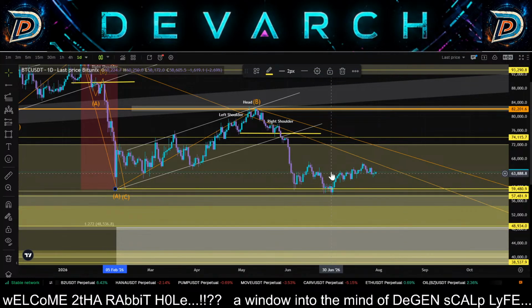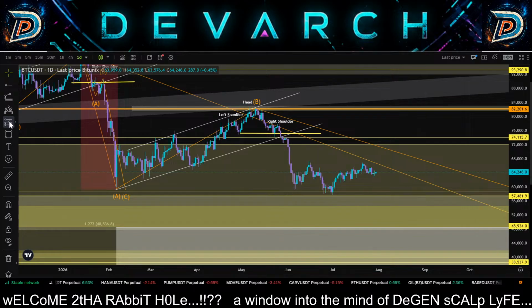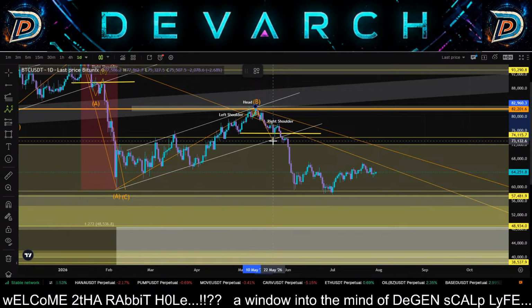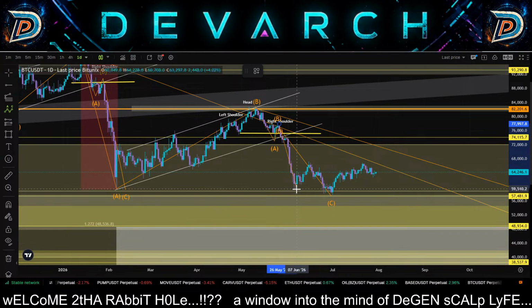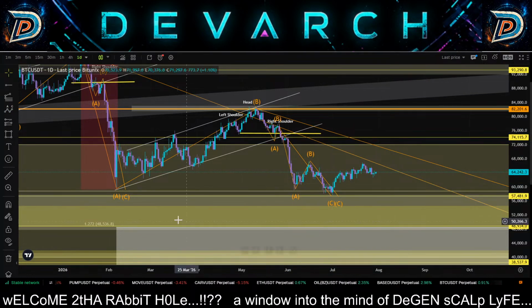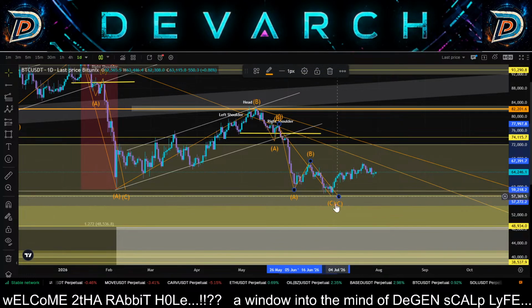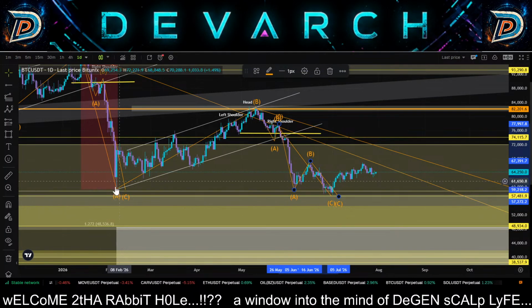So because of that, I can remove that line, and I can get in here and do this. And we can see we have a double C bottom again. And this A is above the C. The C is below the AC here.